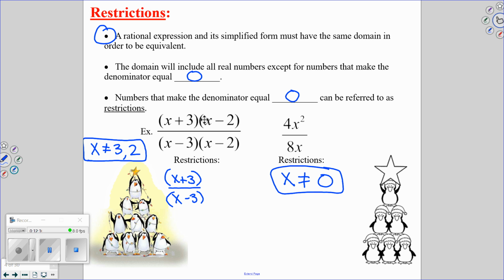Or maybe you found 3 and 7. Well, 7 would be good, 3 would be bad. They're called extraneous solutions. Sometimes when you solve, you get answers that really don't work. Yes, because x doesn't equal that. It's what it's not allowed to equal. This will come more naturally to you as we do more problems. I promise it will.